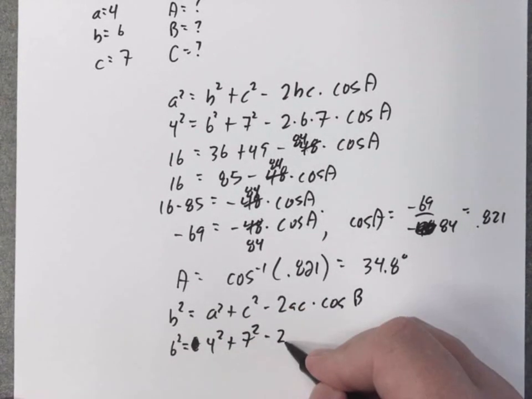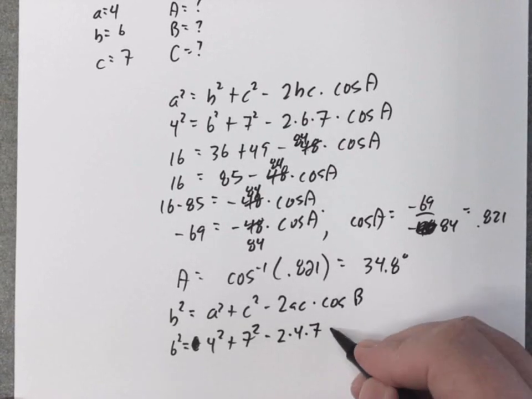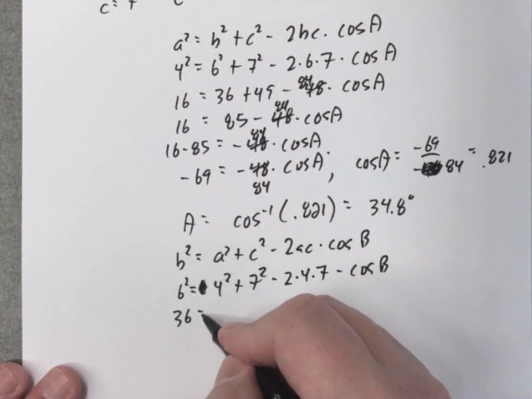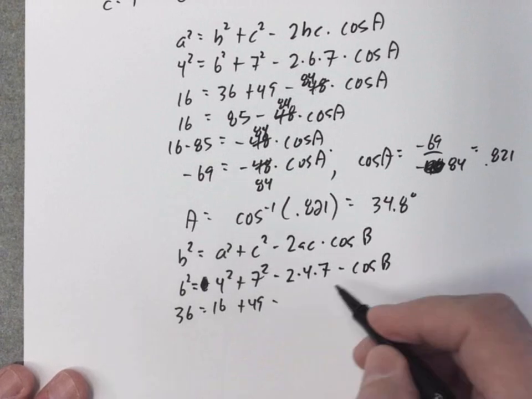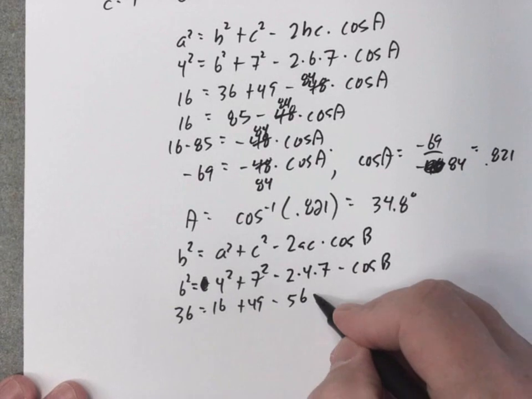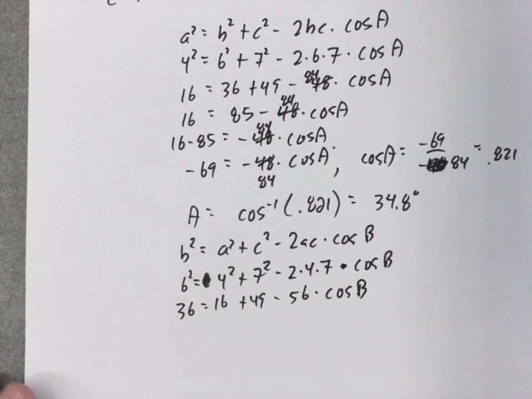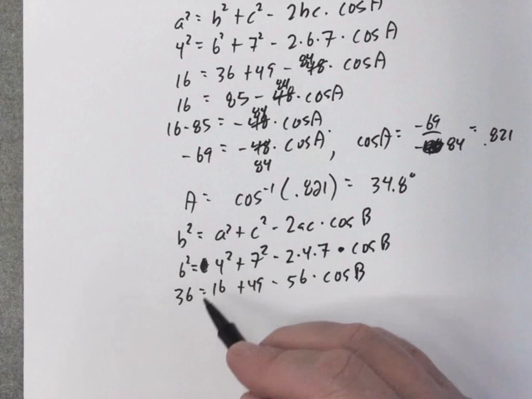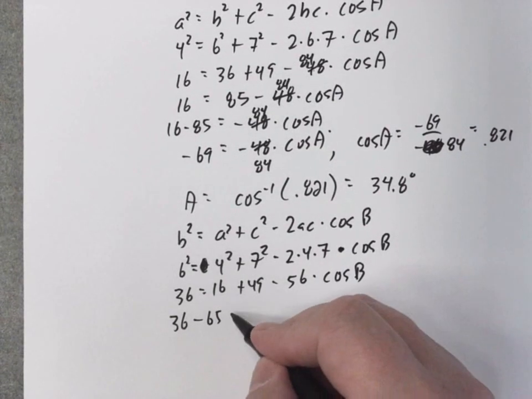This equals minus 2AC, 2 times 4 times 7 times cosine of B. 36 equals 16 plus 49. Let's be careful. 28 times 2, unlike the last time, should be 56. So this is 65, which I'm going to subtract. Add these two together.